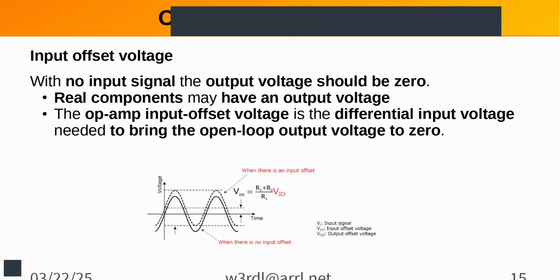Because I could have an input offset. So whatever that offset is would give me an output. So I may have to compensate for that input voltage to get the output to zero. It's going to be pretty small. But then again, you could have a gain of 10,000 on that operational amplifier.